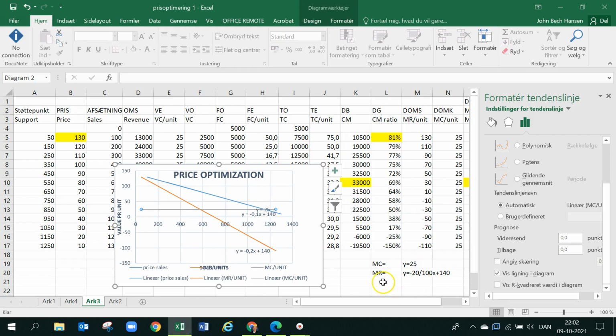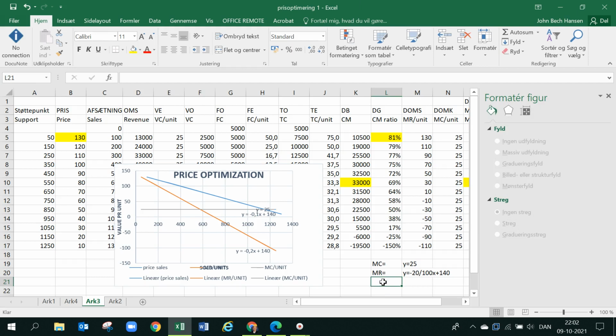So if we set them equal, it will be 25 equals minus 0.2x plus 140.